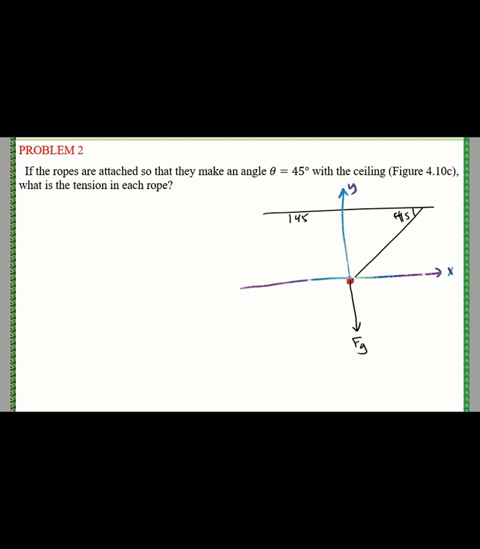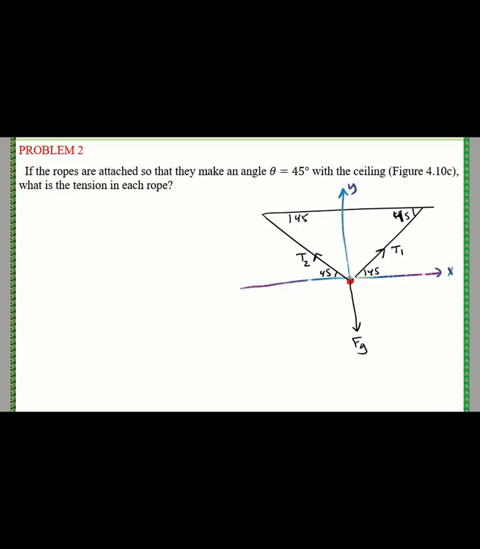Since the two angles of the two ropes are equal, we can conclude that the tension in each rope is equal to the other one. But don't be hurried. Let them be T1 and T2. This angle is 45, so this angle is 45, and that one is 45.